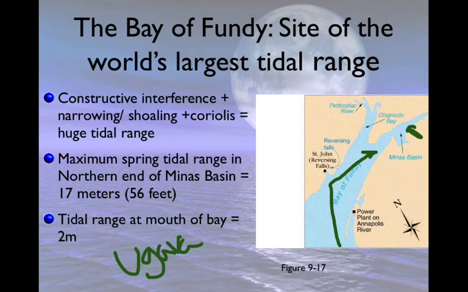And then when they wrap around the points, like here, and the one that's right here, you get a lot of wave refraction. And this wave refraction can cause huge tides. The one along with this storm surge was over 70 feet tall, absolutely ginormous, which is odd because the tidal range at the mouth of the bay down at this end is only about 6 feet or 2 meters. It's all through topography and wave refraction that you get these ginormous waves.